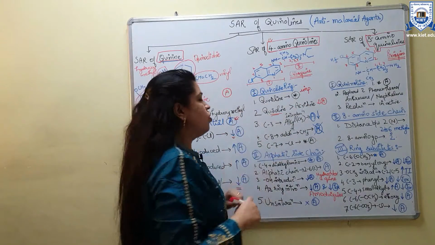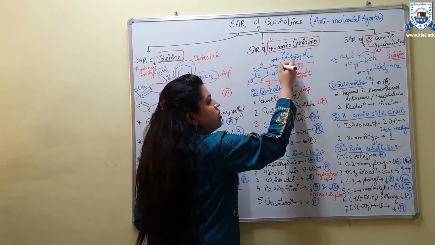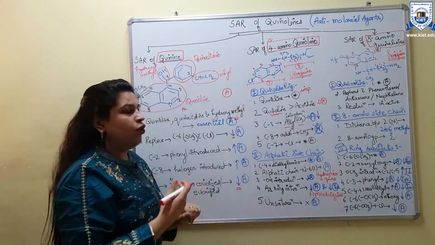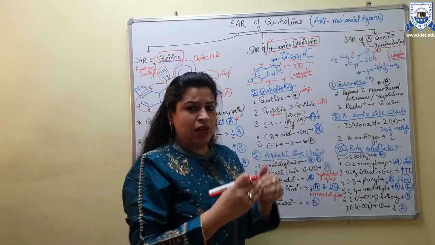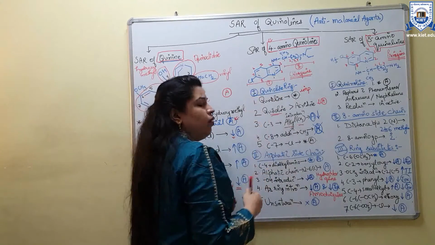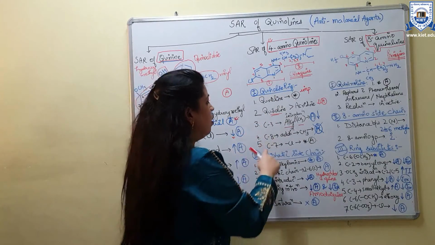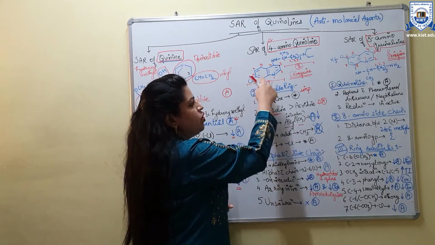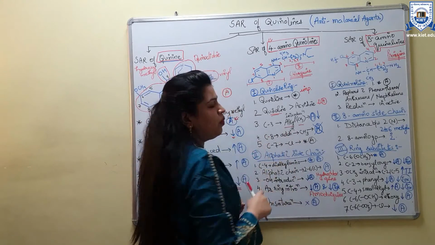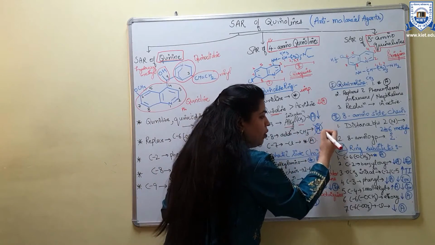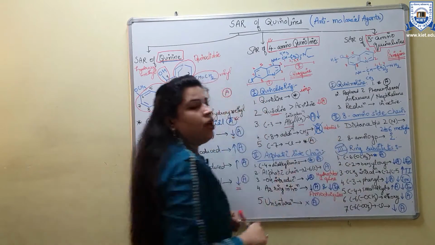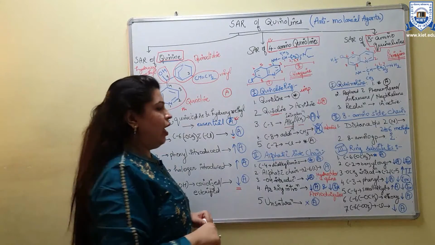Then at the 3rd position, if a small alkyl group like methyl is introduced, there is somewhat less activity than the usual compounds. Now, the 8th position is very prone to reaction, and if we add a methyl group there, there is abolishment of the anti-malarial activity.